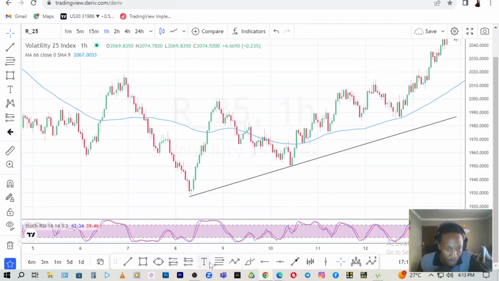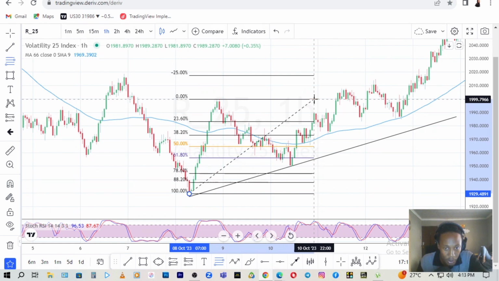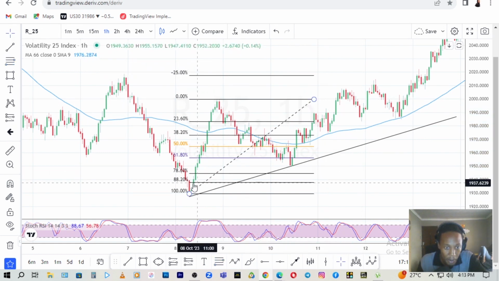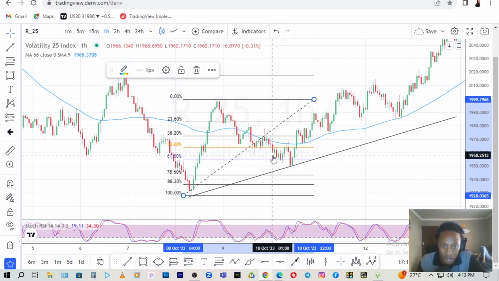So let's see our retracement. Be patient with me guys. Remember to be precise with everything that you do in the market, because we're using real money over here.